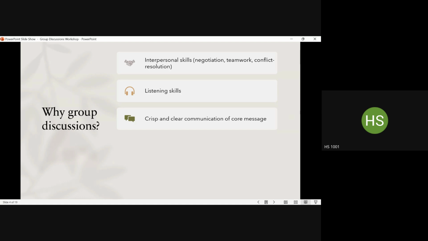A group discussion can also very clearly analyze whether you are good at communicating any kind of message in a crisp and clear manner, in a concise and unambiguous manner. Okay?